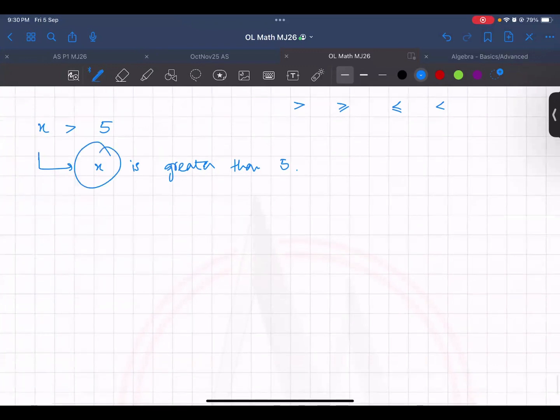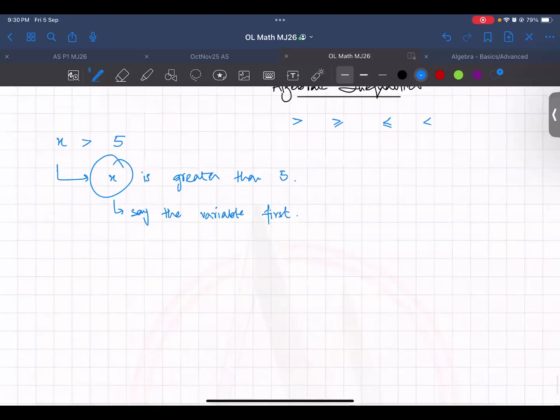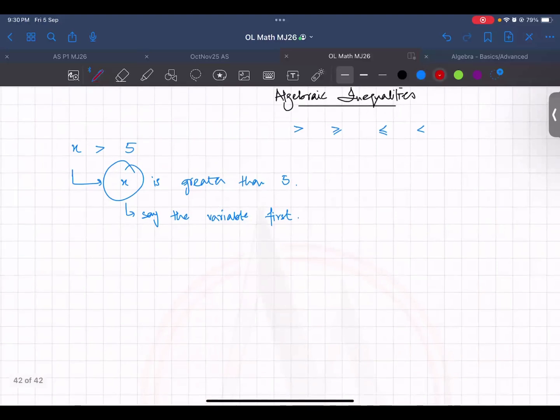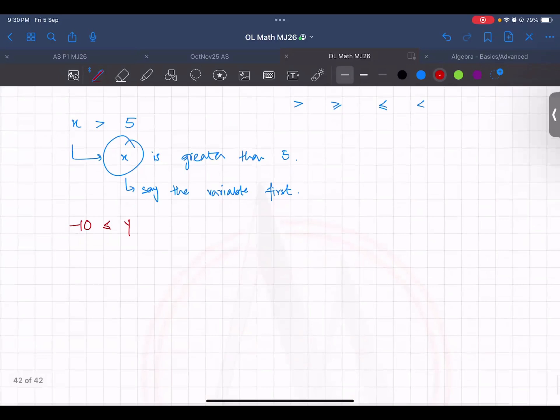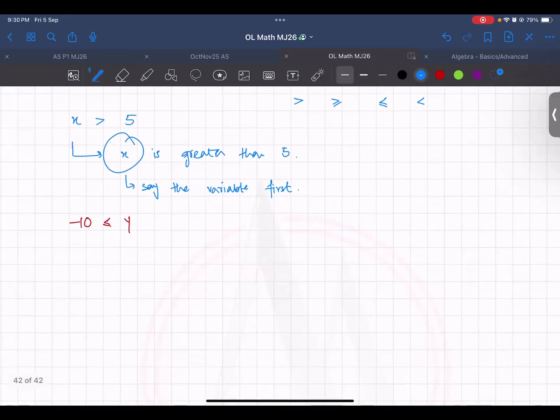Say the variable first whenever you are trying to understand an inequality. For example, if it is written like this, -10 and y, read it by saying the variable first.